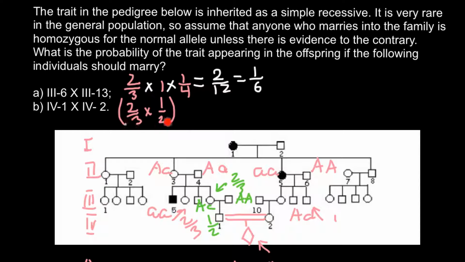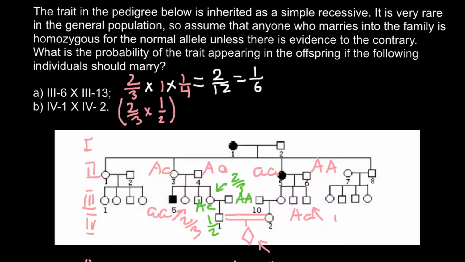So we have to multiply these two probabilities in order to find the final probability for this person to be a carrier, which is 4/6. And now let's find the probability for this person to be a carrier.